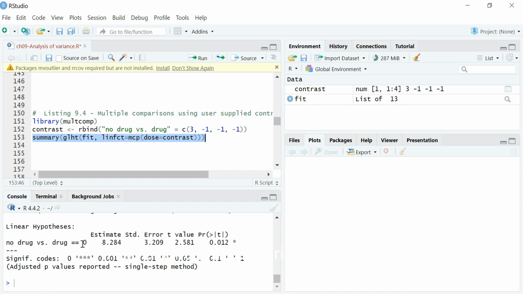Then the results are, if we assume this is true, we get a very low probability. This p-value is about 0.01, much less than 0.05, which means it is significant, and there's also a t-value.